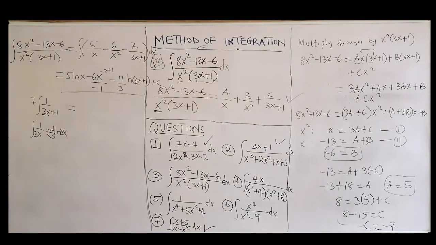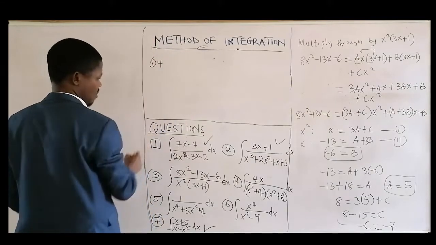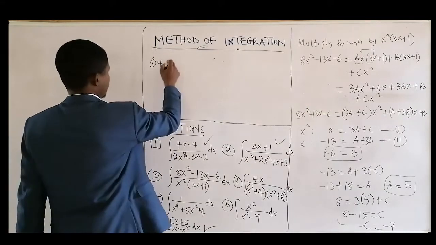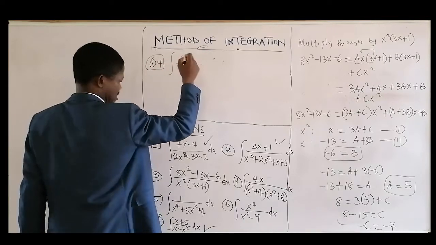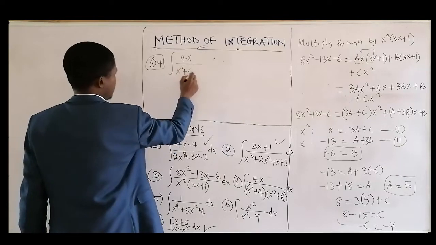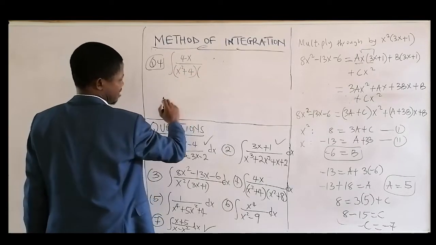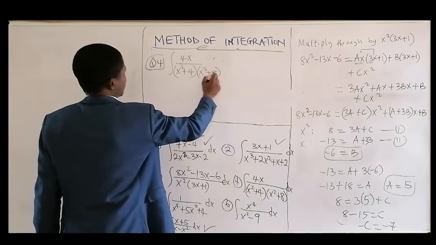So we go to the next question. Question 4, Q4. We have the integral of 4x over x squared plus 4 into bracket x squared plus 8.